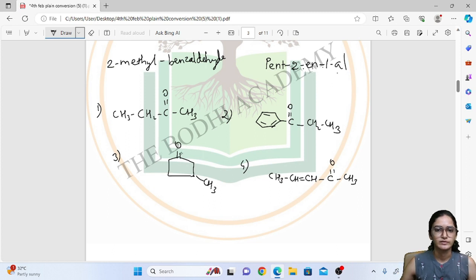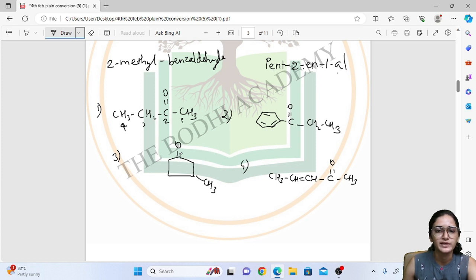Let us start with the first. This is a simple one. Start numbering first. Here we have 4 carbons. Numbering will start from the side by which the carbonyl group gets the least number. If you start from the right side, the carbonyl group will get the least number, 2. So 1, 2, 3, 4.